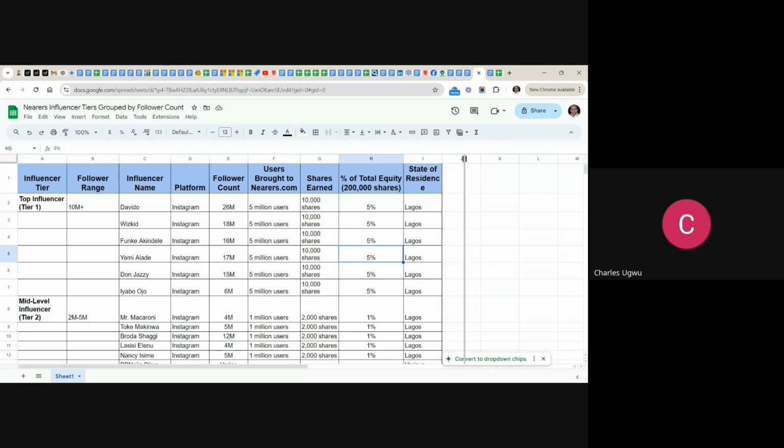See here, you see influencers and their tier. Top tier 1 is influencers with more than 10 million followers, and we have these people listed, and the platform is Instagram. It doesn't mean it's only Instagram. We can equally capture from Facebook.